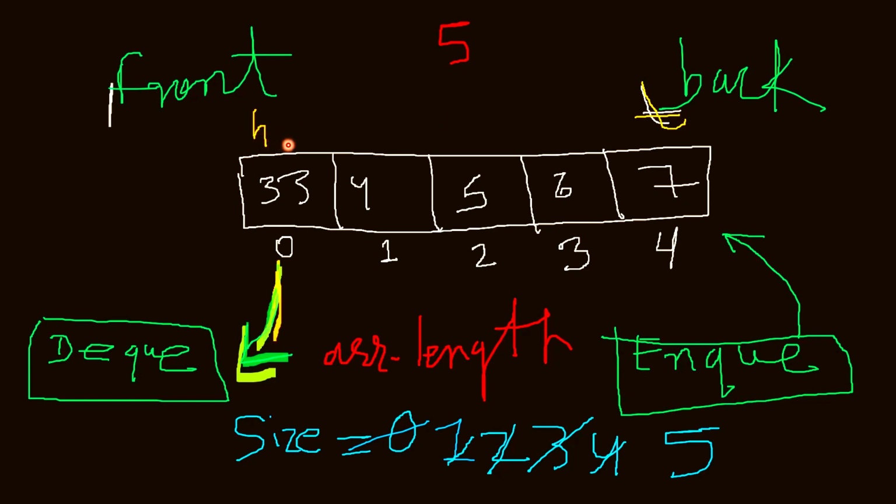Okay, so let's say we want to remove an element, or dequeue. Whenever we want to remove an element, let's remove it, so 3 will be removed. When we remove 3, the size of this queue will decrease by 1, from 5 to 4, and the head will move here.